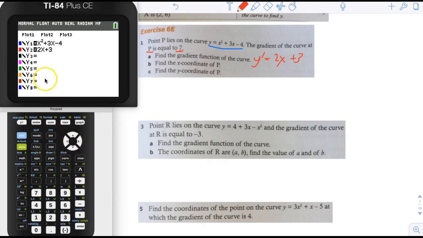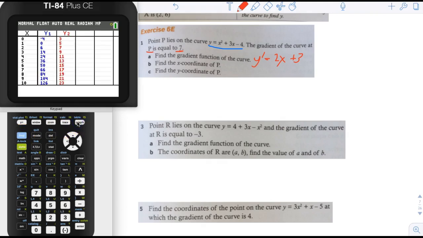And I'm not going to graph these functions. I'm only going to look at the table, okay? And then I can see that the blue function is in blue and the red function is in red, so the slopes are in red. So it tells me that at point P, the gradient is 7. And so if I find the red 7, which I found right here, then I know that the point P is 2, 6.